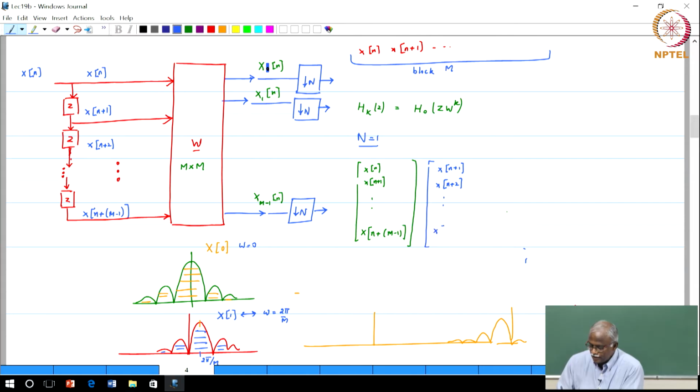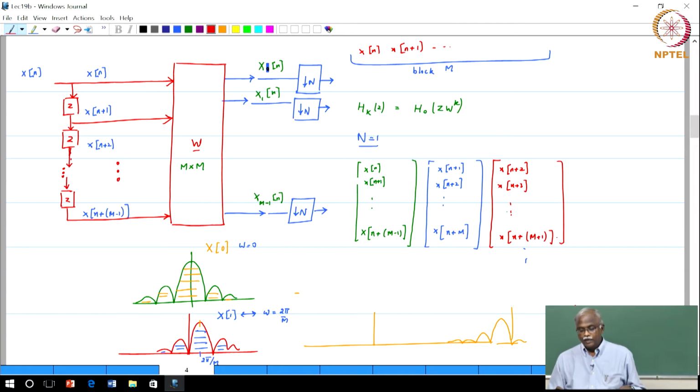The last sample will be x of n plus m, okay, and then so on and so forth. Okay. Maybe just write one more so that things will become clearer when we actually do the explanation. So next one would have been x of n plus 2, x of n plus 3 dot dot dot x of n plus m plus 1.